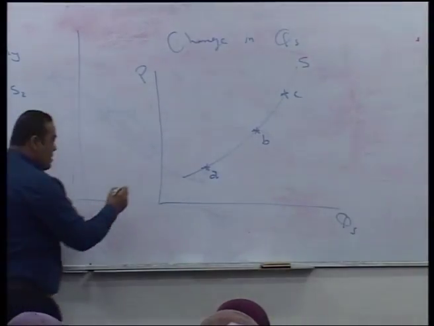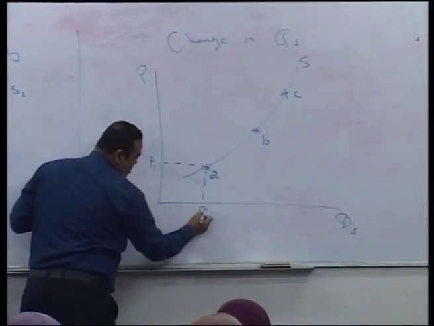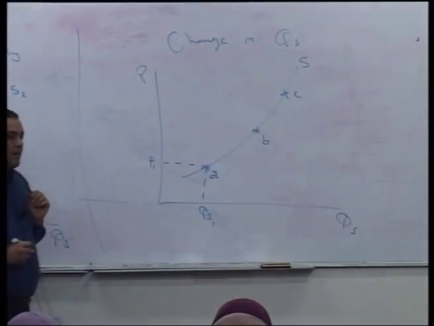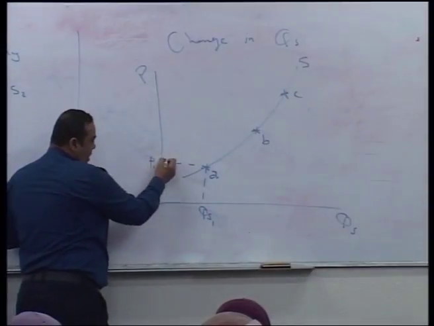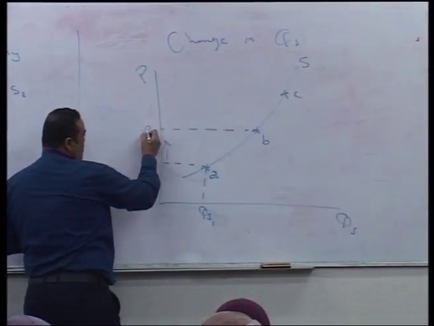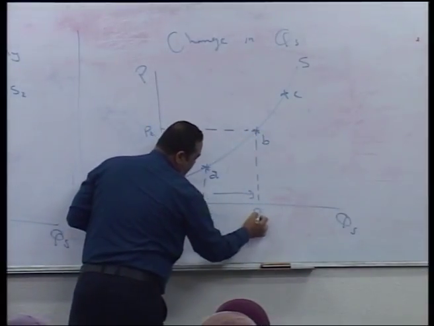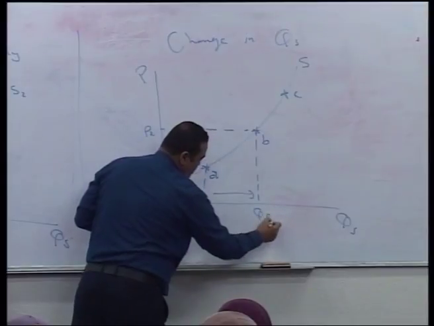Let us assume that the price was P1, and this is the quantity supplied one. As the price goes up to P2, what will happen to the quantity supplied? It goes up as well. This is quantity supplied two.